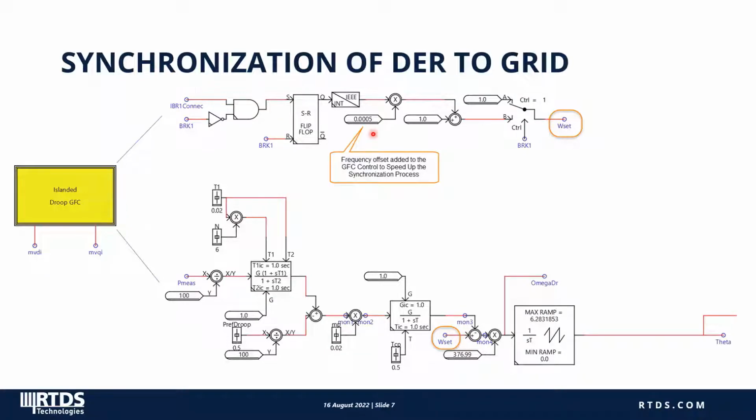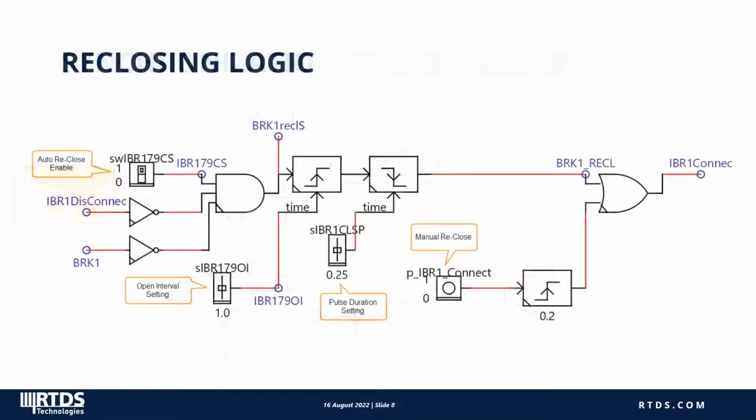In this case, an offset of 0.0005 per unit corresponding to 0.03 Hz is added to the reference point. A simple reclosing function is implemented, as shown here, which includes auto and manual reclose functions.